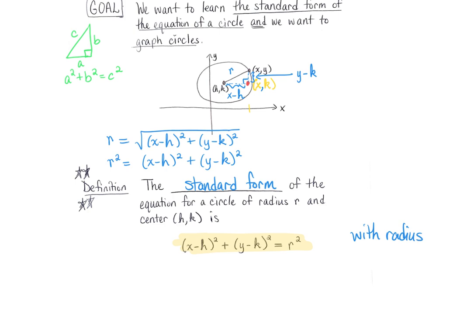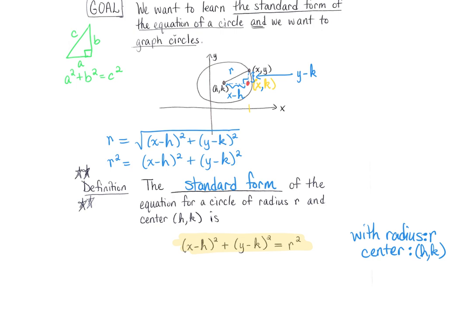Radius. Yes, the radius squared, but our radius is given by what? What does the definition say? With radius r. Very good. So with radius r and center what? H comma k. You got it.